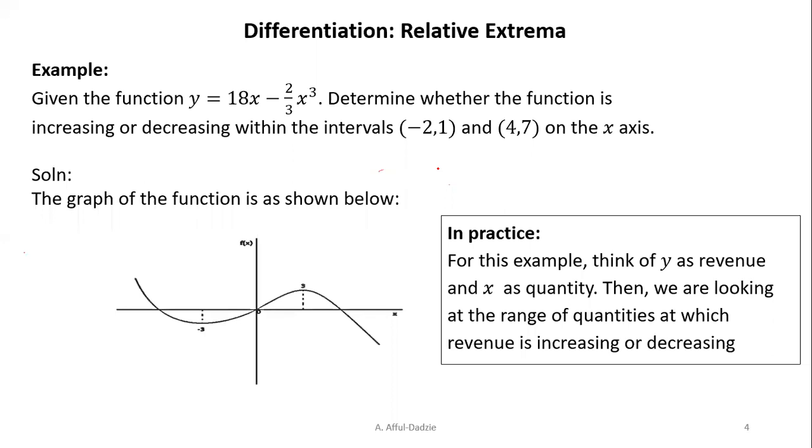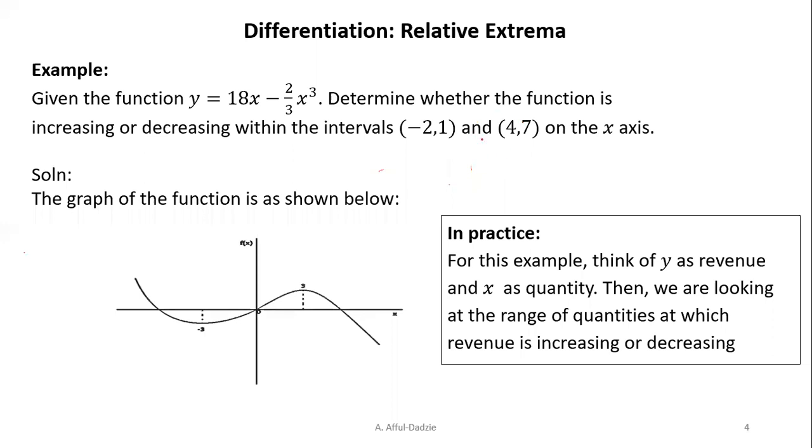If you're selling it anything between 4 cedis and 7 cedis, chances are that demand could be falling, or our revenue could be falling. So we want to test at what point we would be experiencing an increasing function.